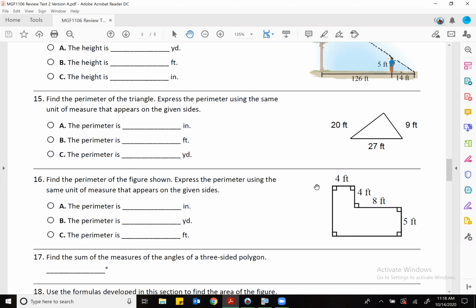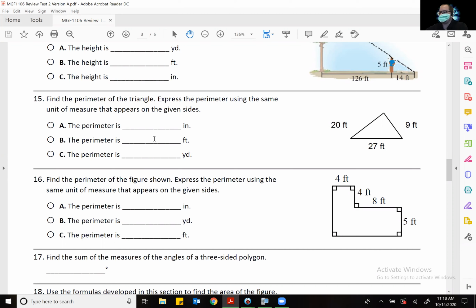Feet. So we're going to select B, and then we're going to add up all of our numbers and put that in there. So all we got to do is take 27 plus 20 plus 9. And what does that give us? 56. So 56 feet. So you select B and you put 56 in there.